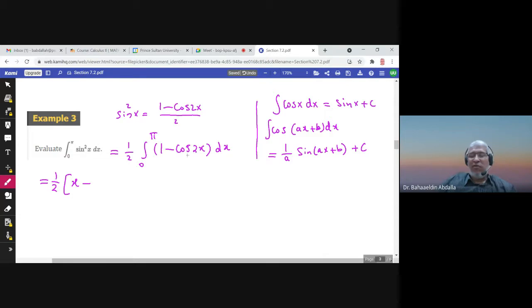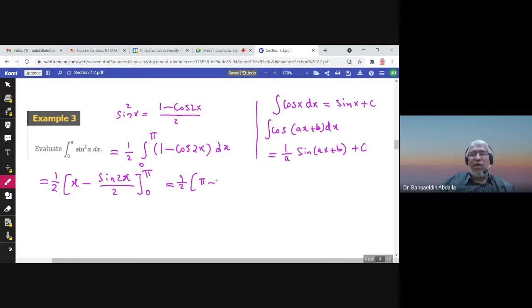So here I have cosine 2x. So the integral of cosine 2x is sine 2x over the derivative of 2x, which is 2, from 0 to pi. And that's it. You can just replace x by pi, minus sine 2 pi.